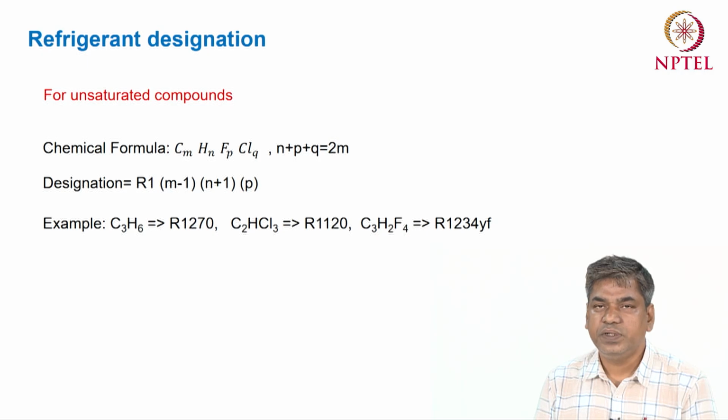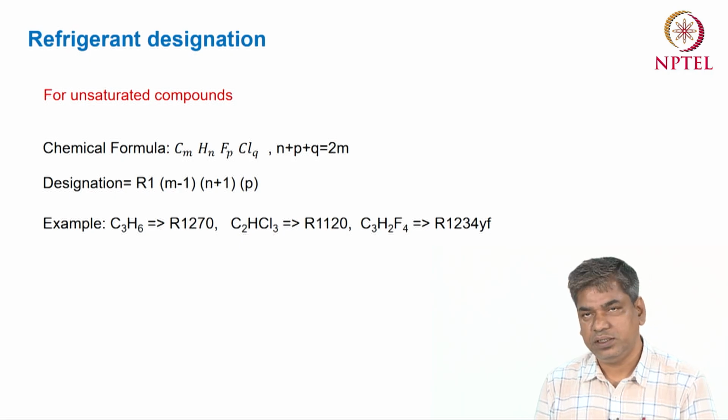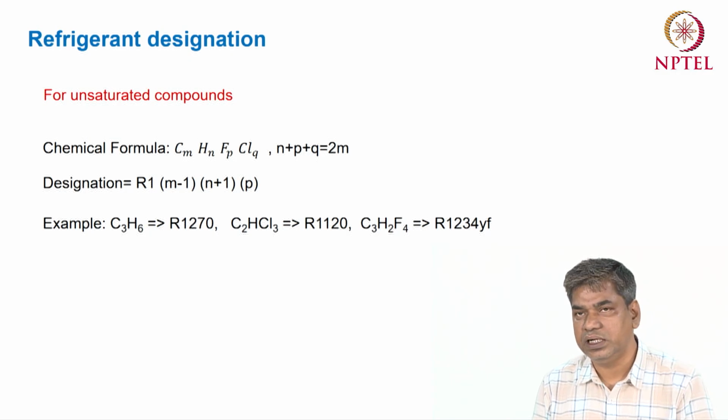So the designation will consist of 4 digits. 1 is the compulsory digit, then m minus 1 is another digit, then n plus 1 is another digit, and p is another digit.